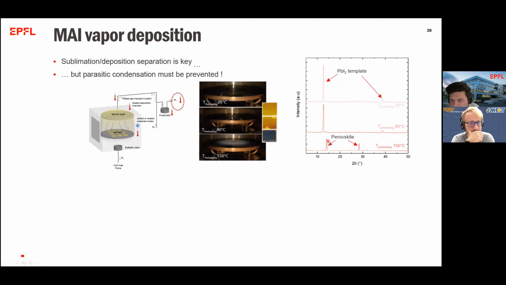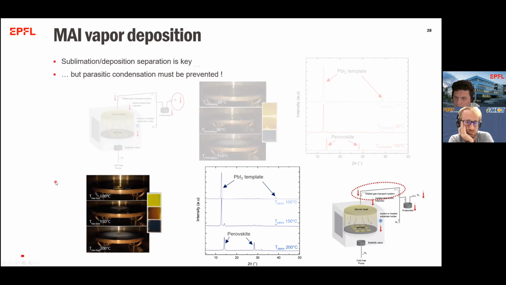The template is PbI2 dominated, so that stays yellow. Similarly, you can tune the transport temperature, and a similar thing occurs. We remove the possibility of the methylammonium iodide parasitically condensing and transport it onto the samples, and finally we manage to get a perovskite if the piping temperature is high enough.